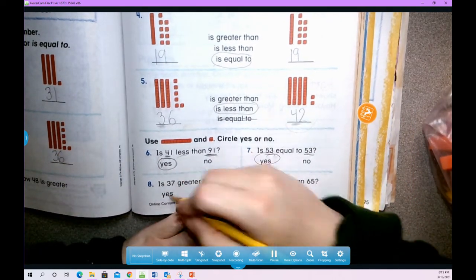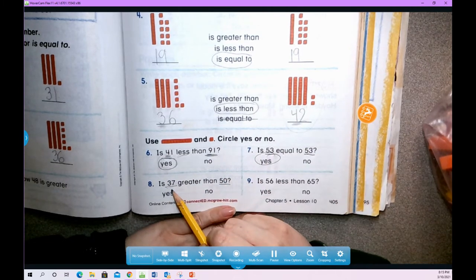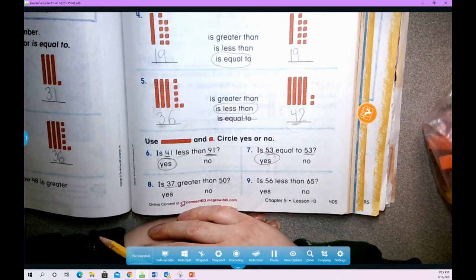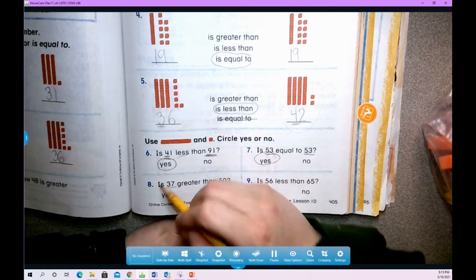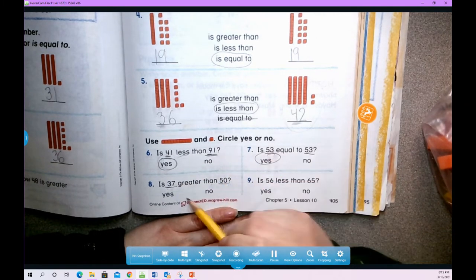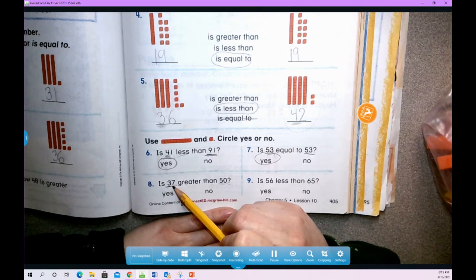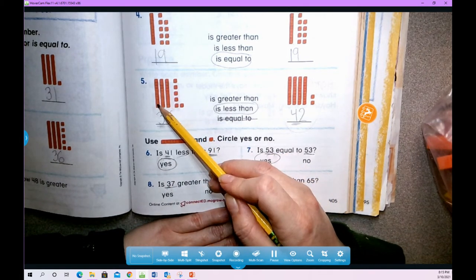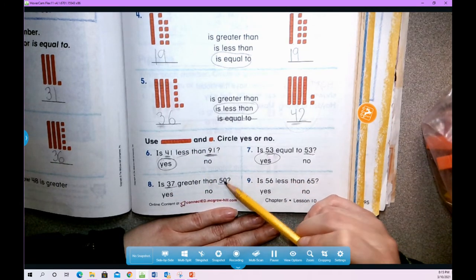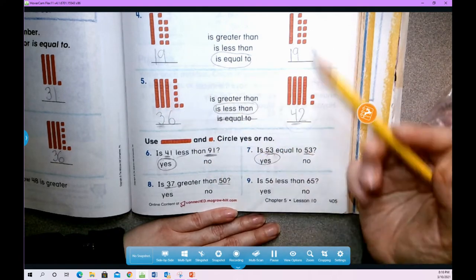Okay, number 8. 37 and 50. Is 37 greater than 50? Now, if you can't really picture what that looks like in your mind, I want you to look at the tens place value. 37 has 3 groups of 10, so it's going to have 3 of these. 50 is going to have 5 groups of 10. 50 is going to have 5 of these.